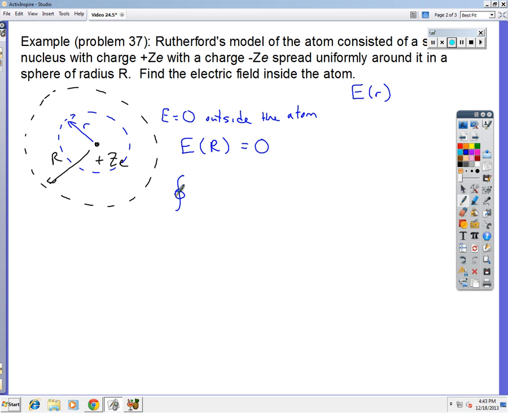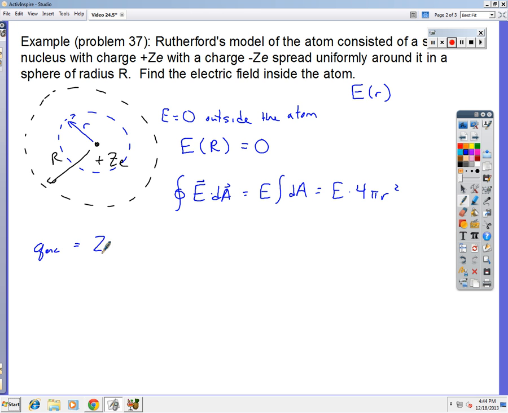And so our flux, E dot dA, just equals E times the integral of dA. The integral of dA is just the surface area of that sphere, which is 4 pi r squared. And now we need to figure out what the enclosed charge is, and that's typically the most difficult part of these problems.